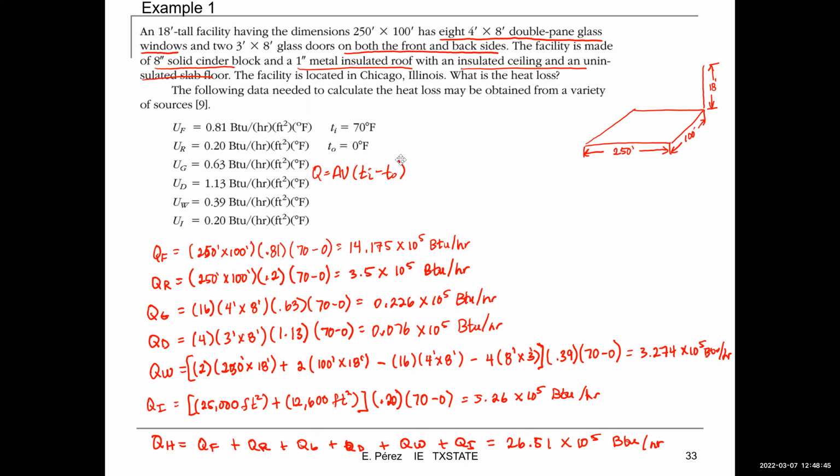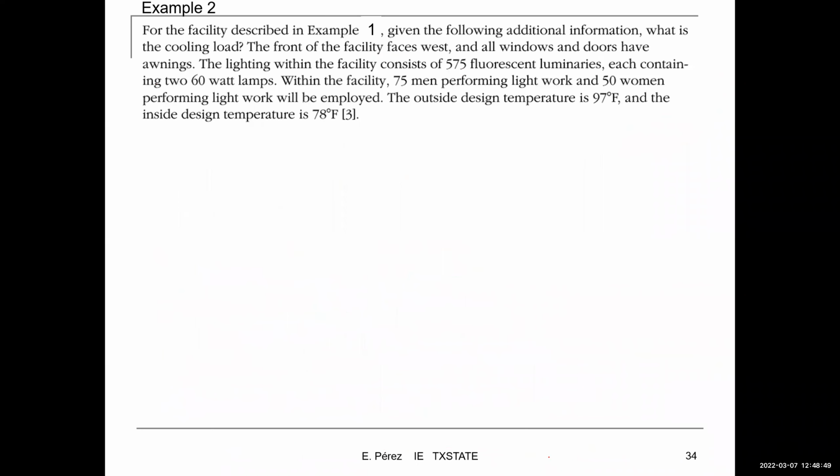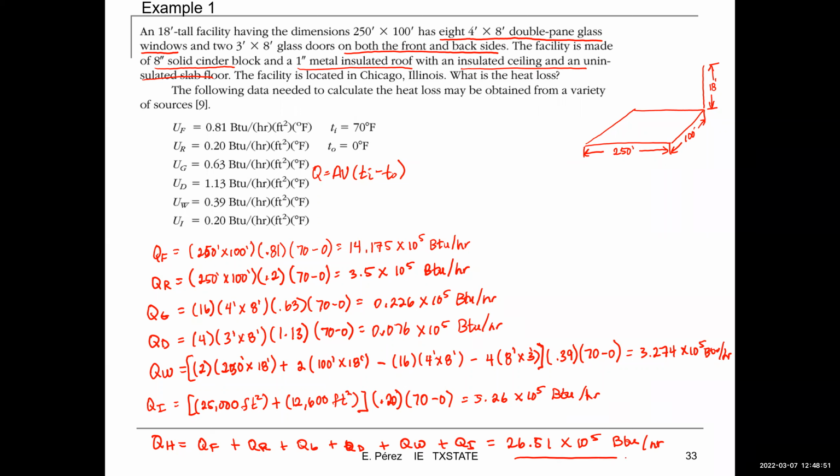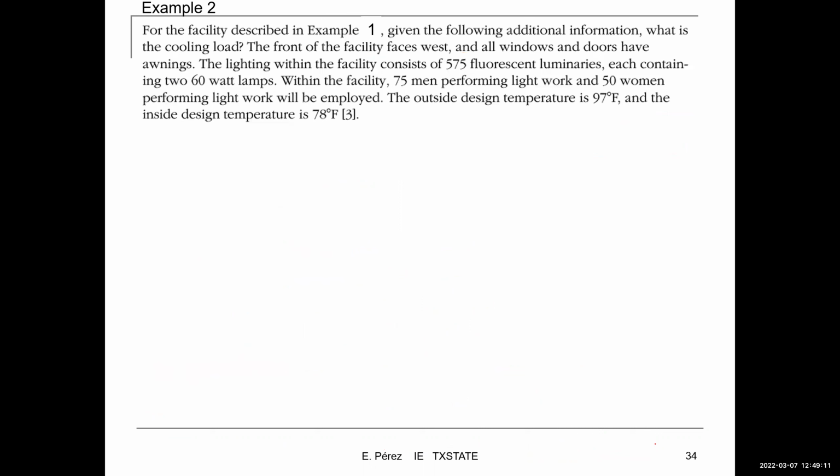In this case, the required heating capacity for the facility was 26.51 times 10 to the 5th power BTUs per hour. So here's where we stopped. Today, we're going to look at a different example. This is for the cooling aspect.